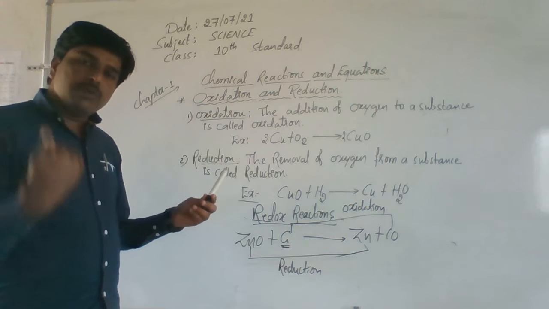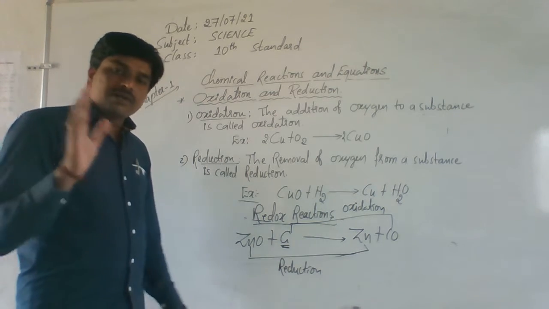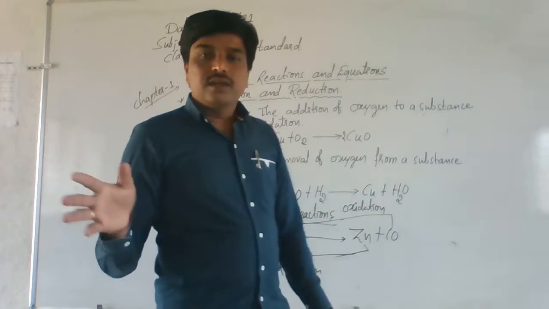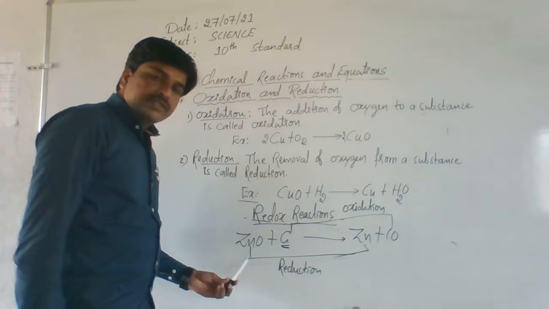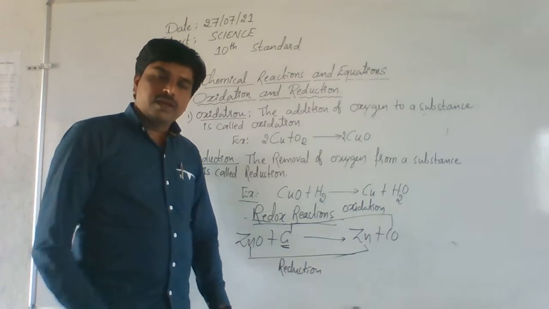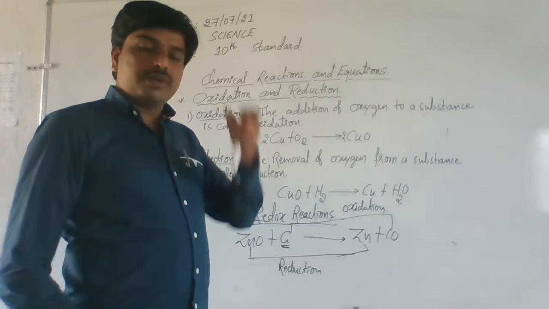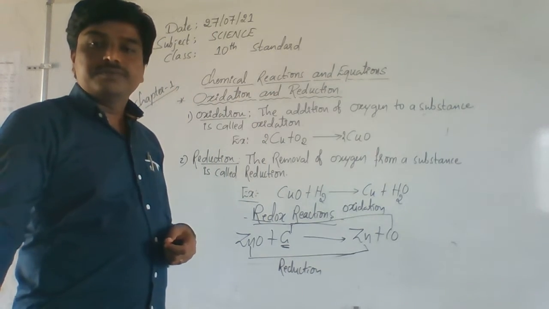Reduction means removal of oxygen from a substance. If oxidation and reduction reactions take place simultaneously in a single reaction, such reactions are called what? Redox reactions. Okay, let us come to the last concept of this chapter, effects of oxidation in everyday life.